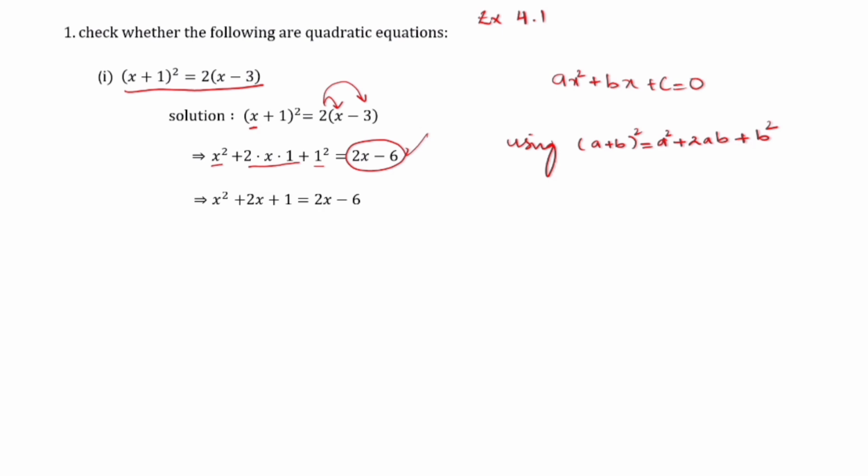So the left hand side I will remain as it is: 2 into x into 1 will give me 2x, and 1 squared will give me 1. The right hand side will remain as it is.